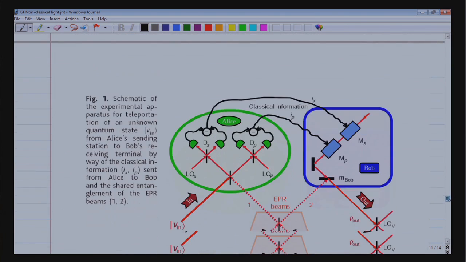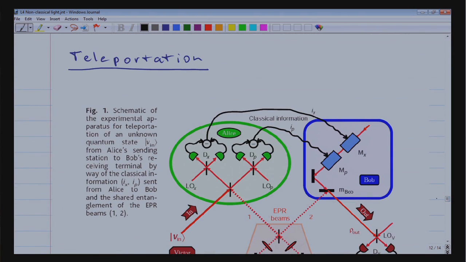Now we have 10 more minutes. And what I want to do now is I want to show you that the language we have used, the methods we have introduced, can now be used for something which is really cool, teleportation.